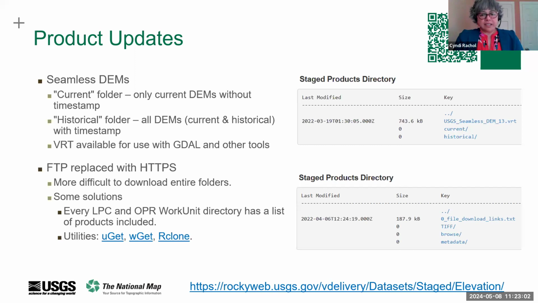The seamless DEMs are compilations of the most currently available elevation data. So when an updated DEM product is published to 3DEP, it's automatically added to our refresh workflow and then ingested into the service on that 24-hour cycle. A new development within this service is that we're maintaining a historical folder if there's interest in viewing the data that has been in the service previously.